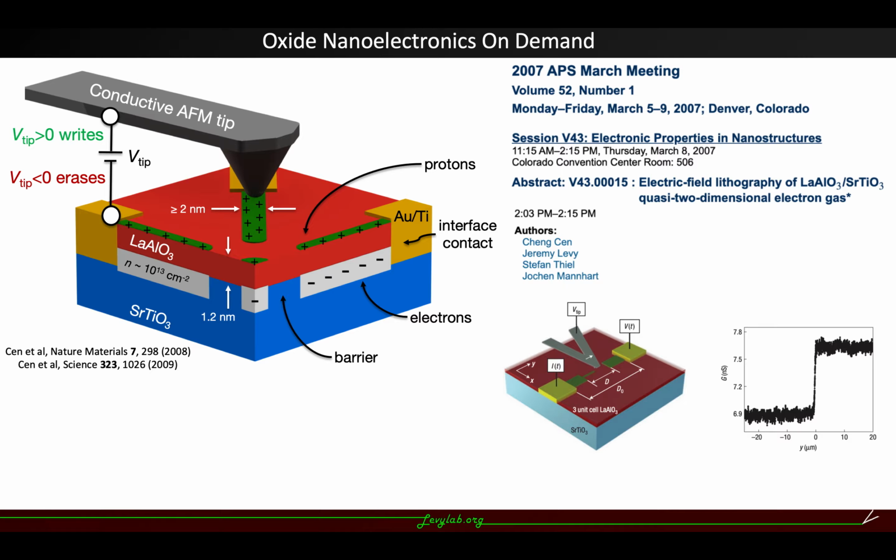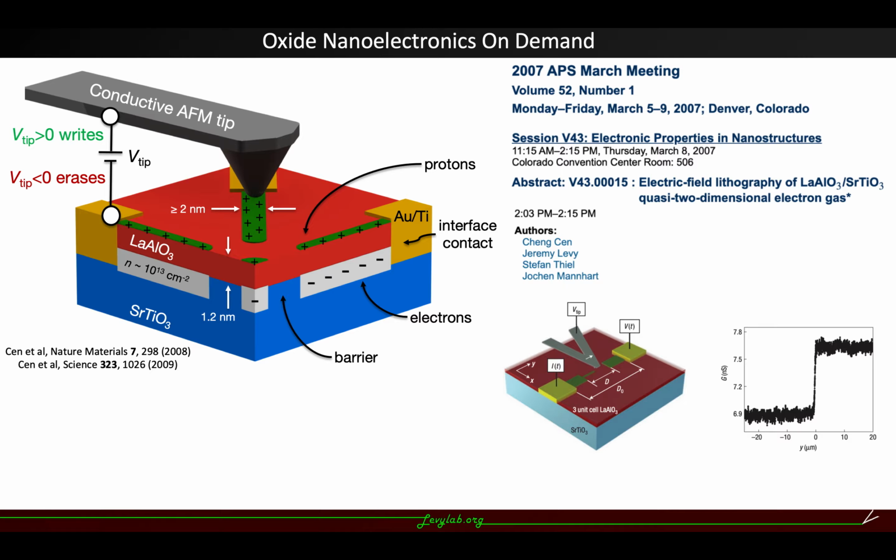When we sketch with positive voltage on the tip, it can leave protons on the surface which attract electrons to the interface, thus making a certain area conducting. The nanowire we write can be as thin as 2 nanometers. When we sketch with negative voltage on the tip, we can erase the written area, thus creating barriers in our device.